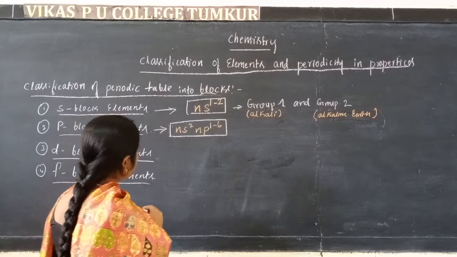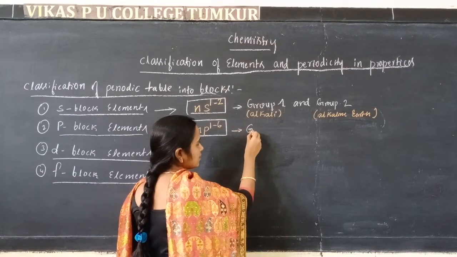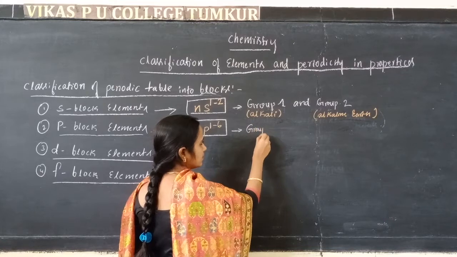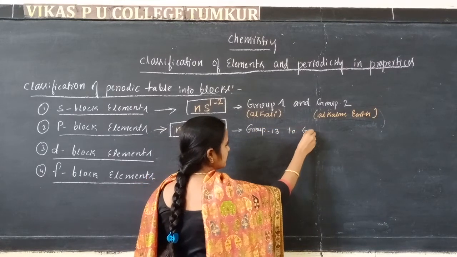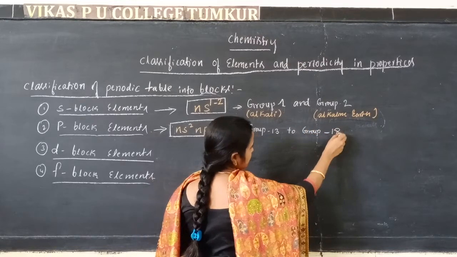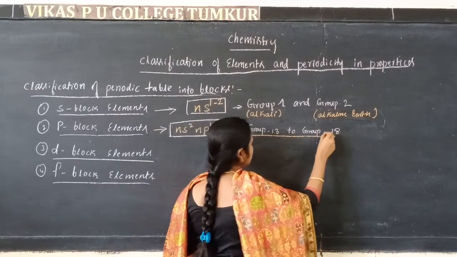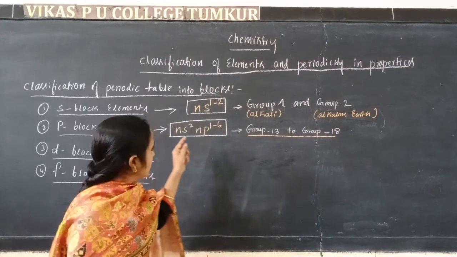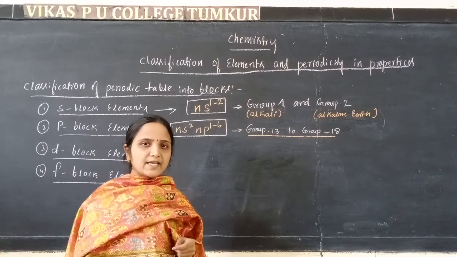The P block contains group 13 to group 18 elements, which we call P block elements.